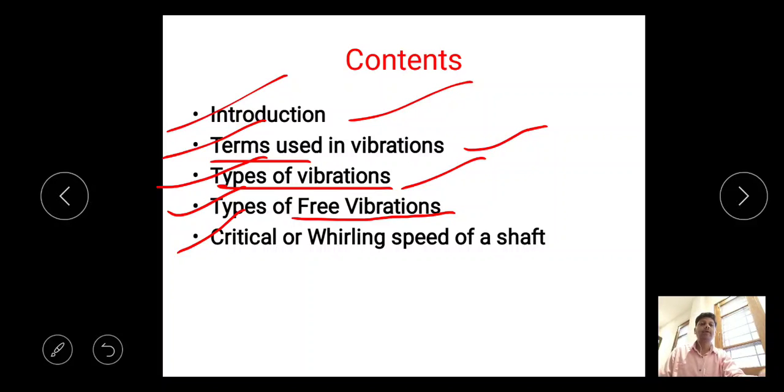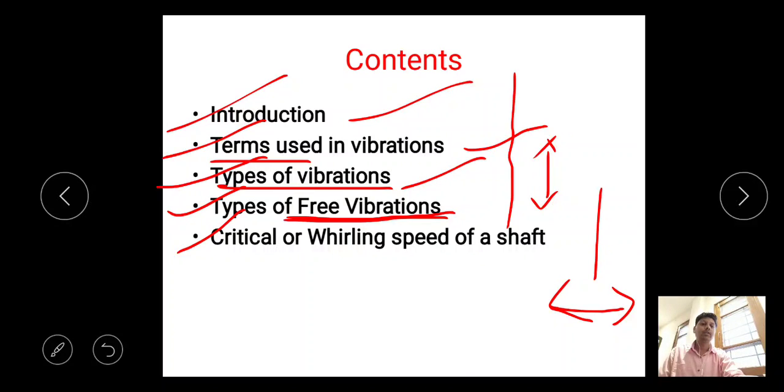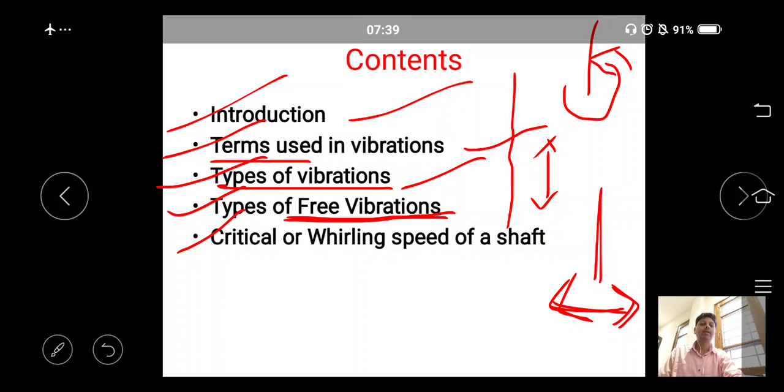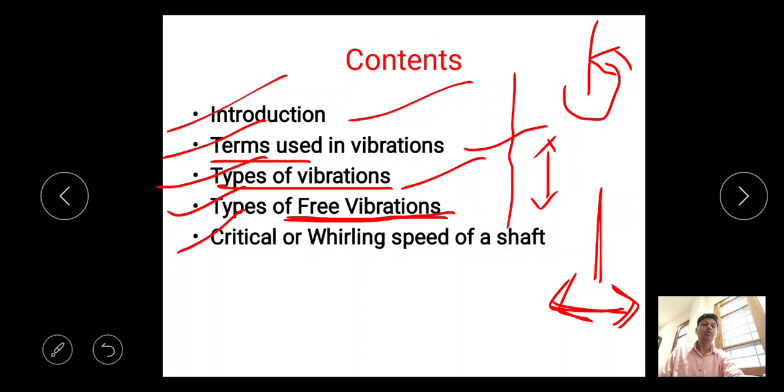Under free vibration, which is without any force, if a particle is moving parallel to the axis, it is called longitudinal vibration. If it is perpendicular to the axis, it is called transverse vibration. If it is moving in a circle about the axis, it is torsional vibration.